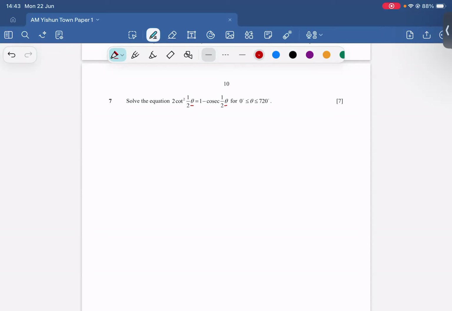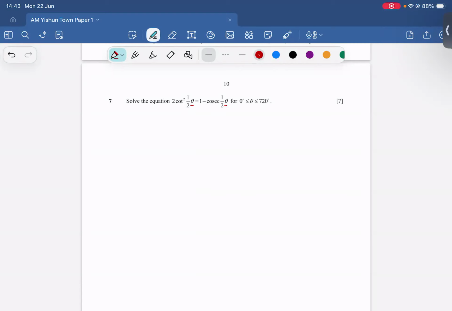You can see there's cotangent square, there's cosecant square. So there are two different trigo functions, and we don't like that to happen. Why? Because in the end, we want to achieve sine theta equals a number, or cosine theta equals a number, or tangent theta equals a number. That's where we can start pressing our calculator. If you have too many different ones, there's nothing we can do.